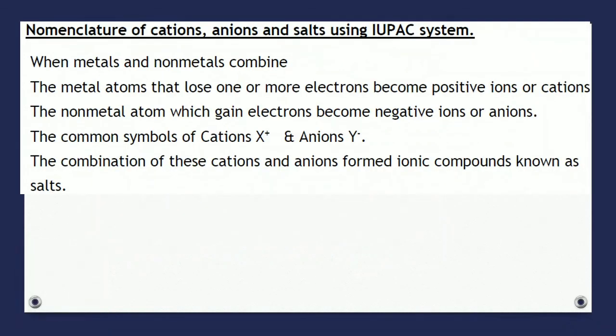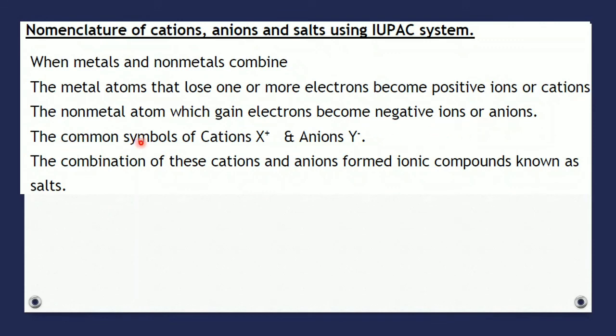Now let's see how to give the nomenclature of cations, anions and salts using the IUPAC system. Salt forms when metals and non-metals combine. The metal atoms will lose one or more electrons to become cations, and the non-metal atoms will gain electrons to become anions.